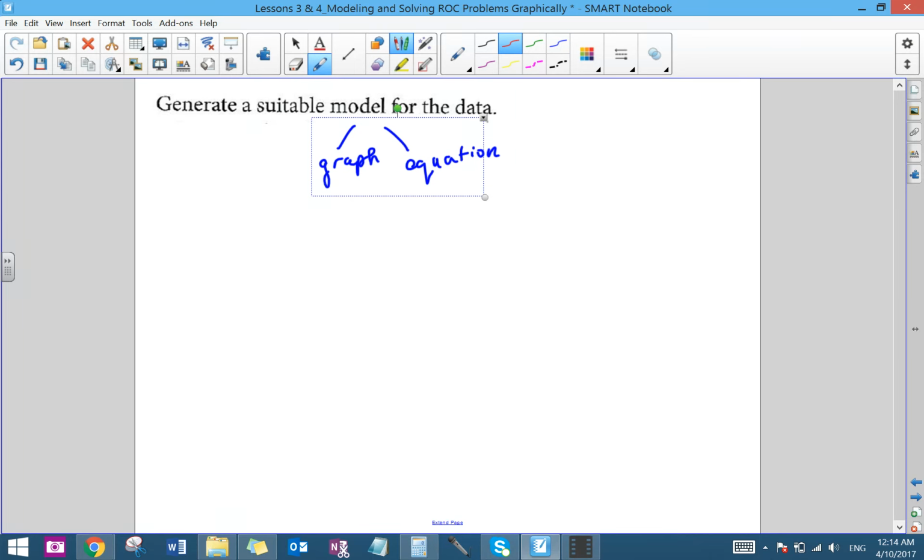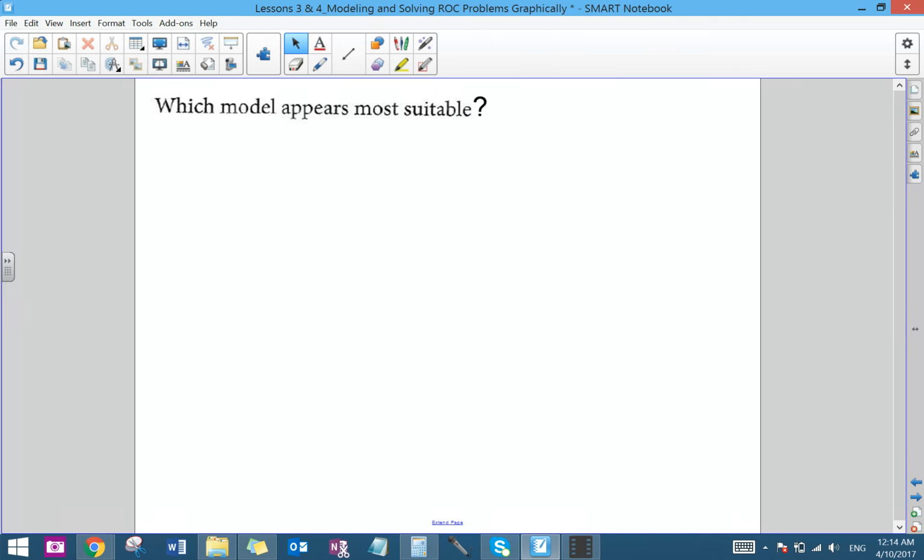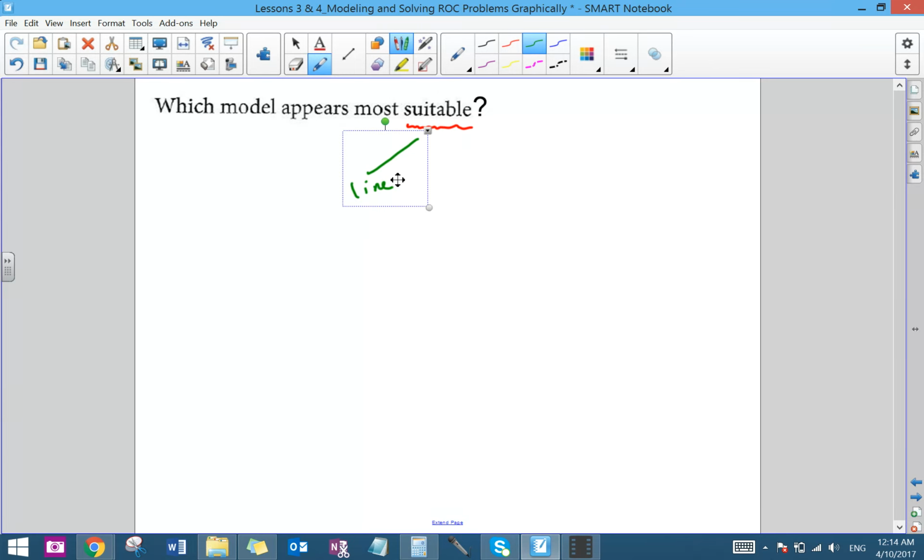Now, the question also important is what is meant by suitable? What is a suitable model for any particular relationship? In order to determine the suitability, what we're after here are the various models. For instance, can we show with any degree of certainty that it's linear?